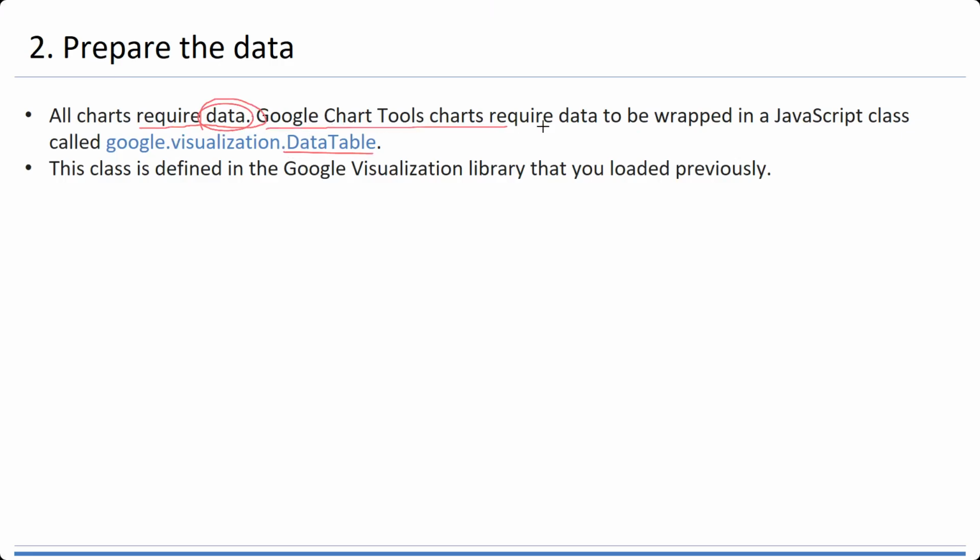Google Chart tools charts require data to be wrapped in a JavaScript class called google.visualization.DataTable. This class is defined in the Google Visualization Library that you loaded previously.